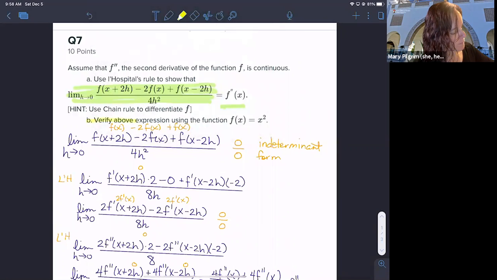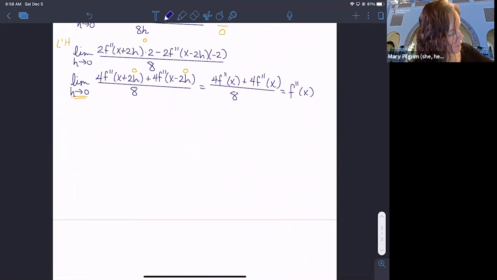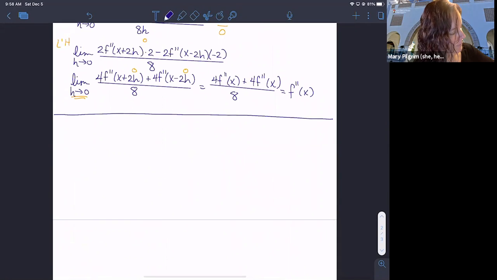Now part B is asking us to verify that expression using the function f of x equal to x squared. So let's write that down here.